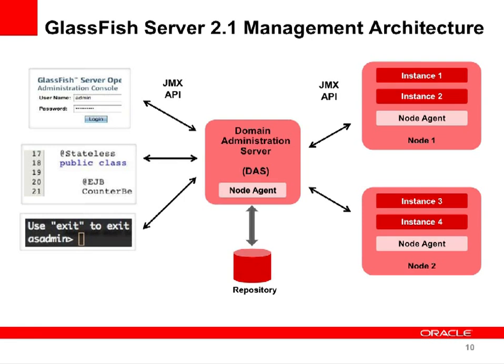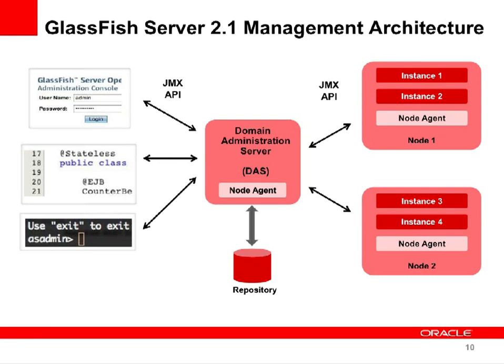All of those IDEs can work with the domain administration server to deploy and debug applications. And in the lower left, you see the command line tool. GlassFish includes the command line tool, so if you want to, for example, create automated scripts in production, you can use it to do that.